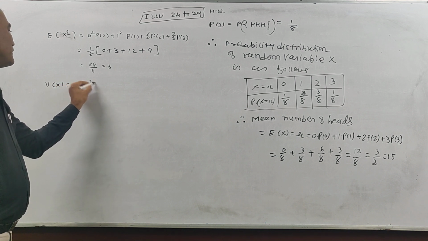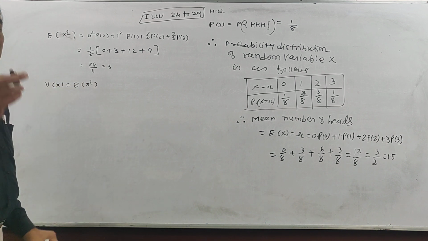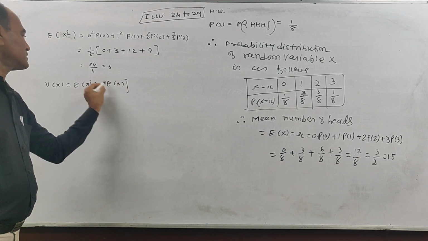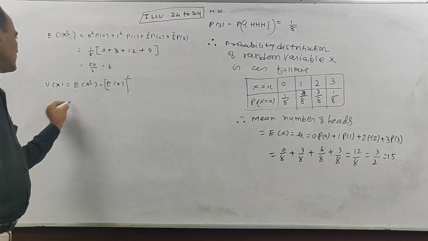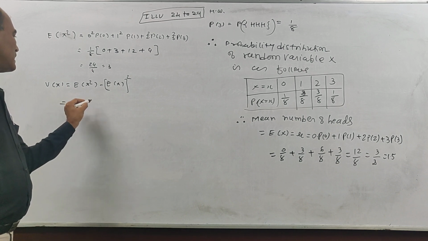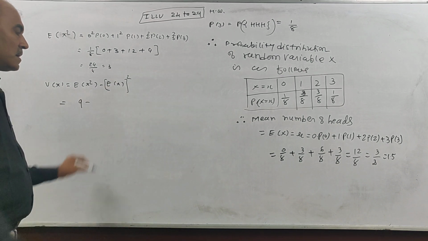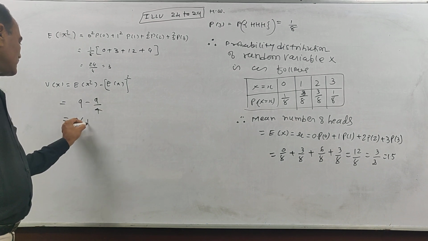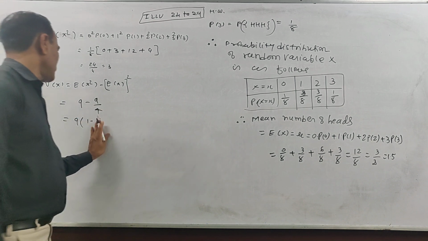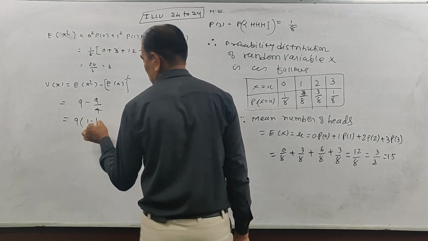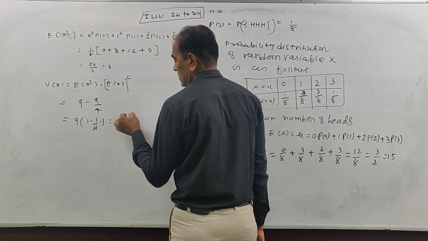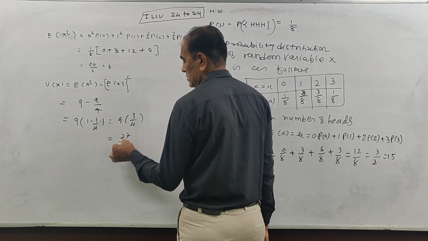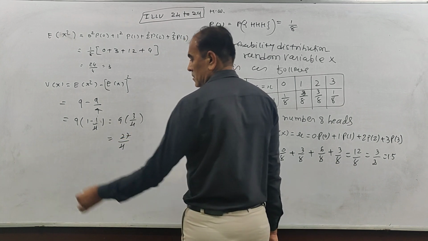Yes, recall that formula. What is the formula? E of x square minus E of x whole square. What is E of x square? 3 minus 9 by 4. Taking common, 3 into 1 minus 1 by 4, that is equal to 3 into 3 by 4, which is 9 by 4.